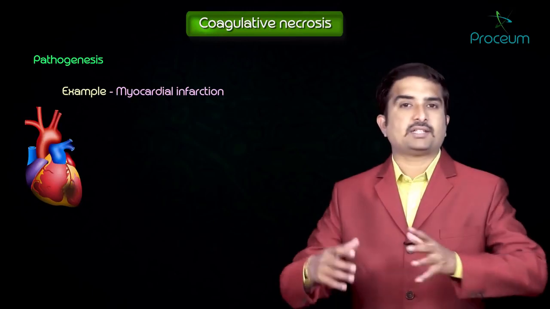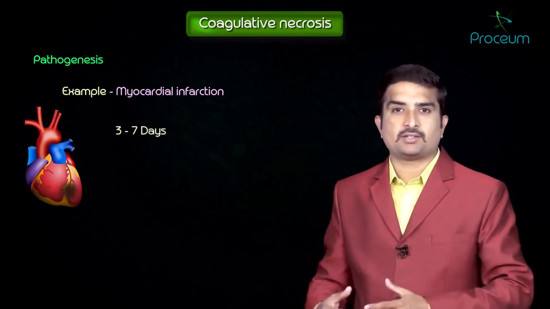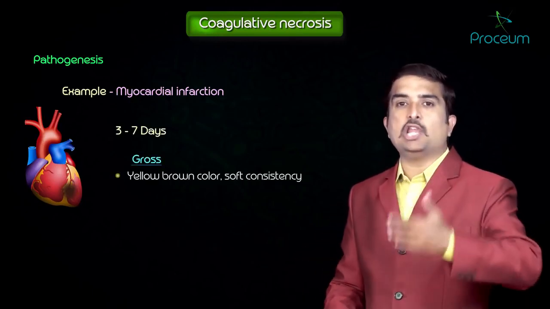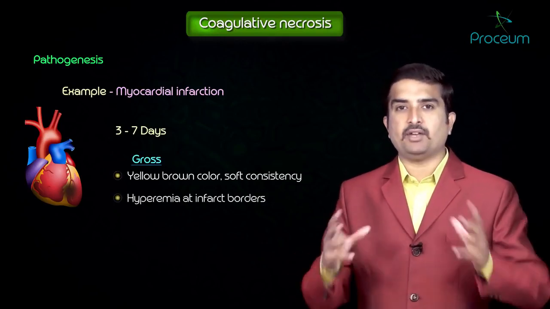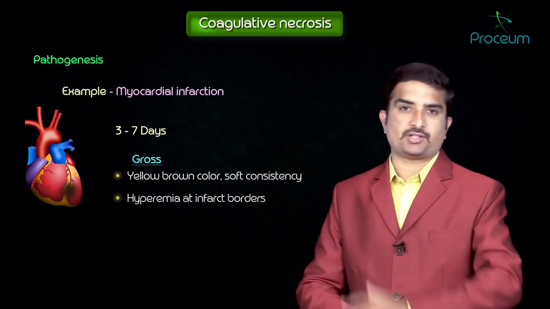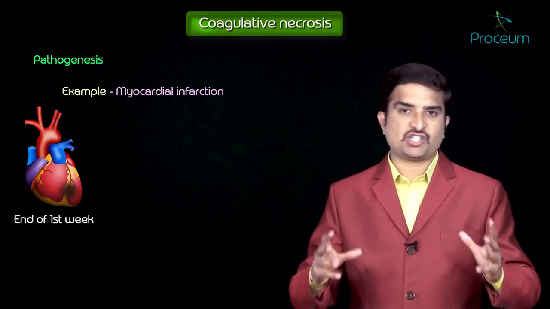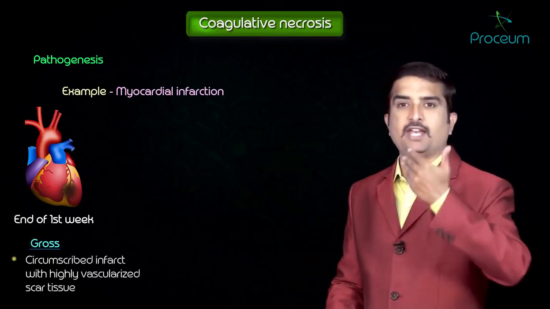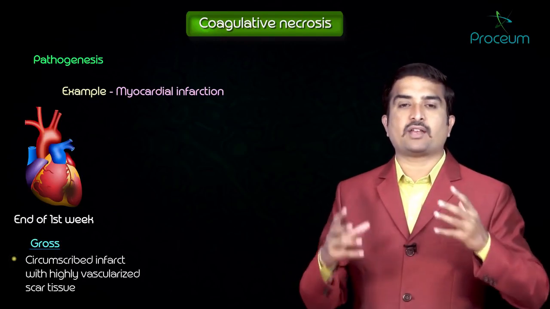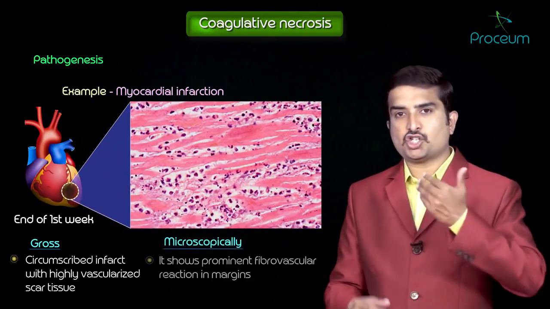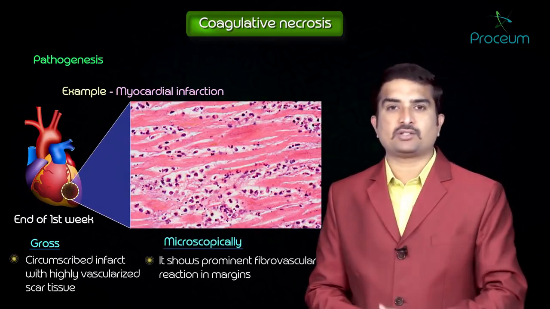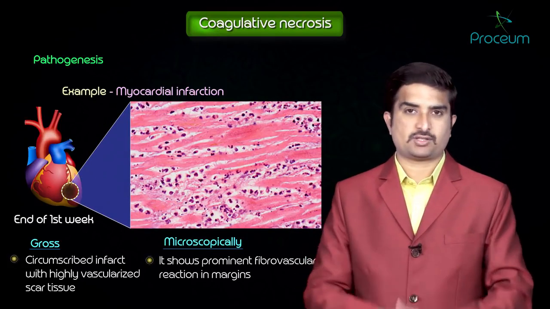By 3 to 7 days, the tissue turns yellow-brown with soft consistency and hyperemia at the infarct borders. By the end of the first week, a circumscribed infarct with highly vascularized scar tissue is present, and microscopically it shows a prominent fibrovascular reaction in the margins.